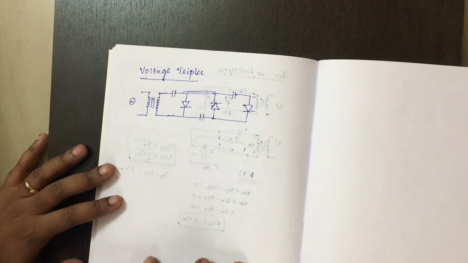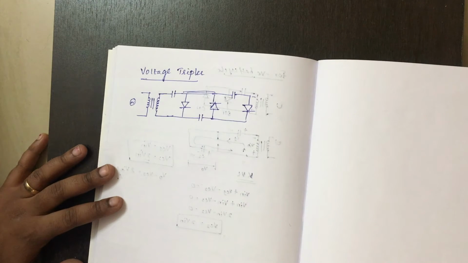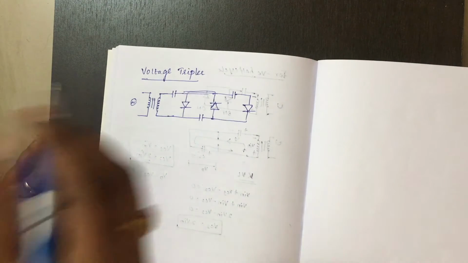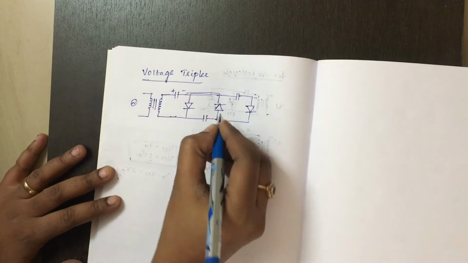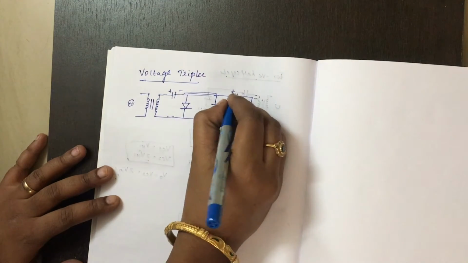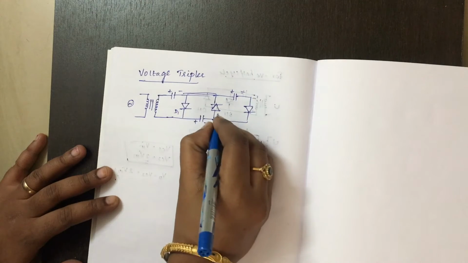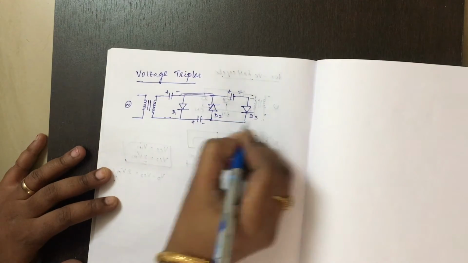Okay, so again you need to apply positive signal, negative signal like before. Plus minus, plus minus, plus minus, diode D1, diode D2, diode D3.